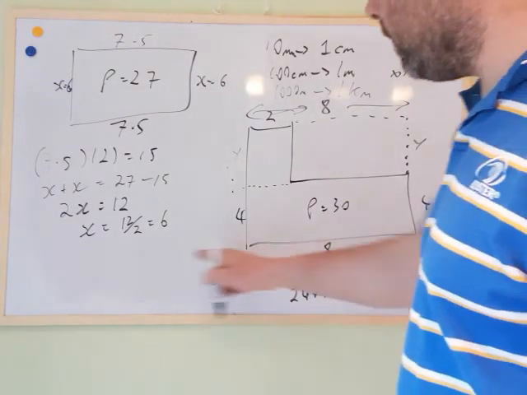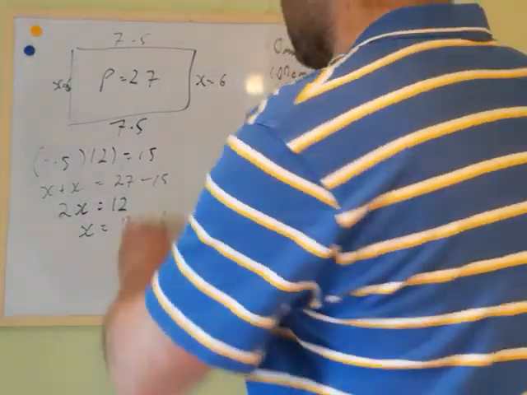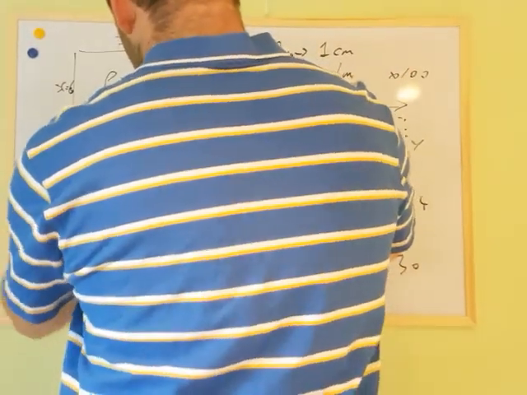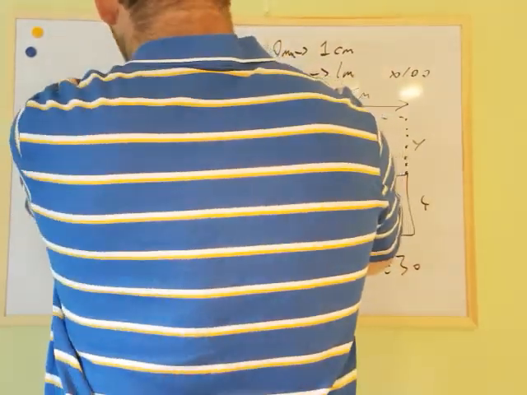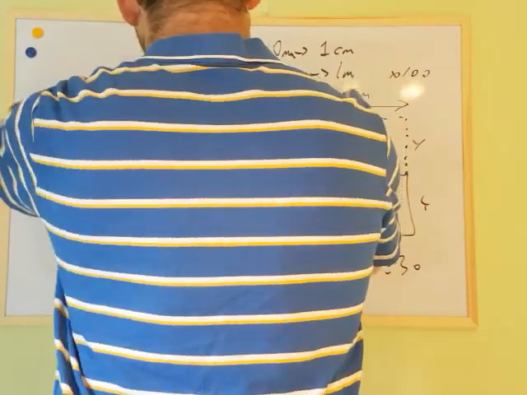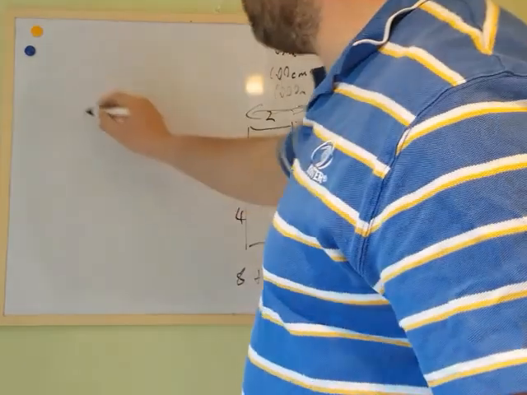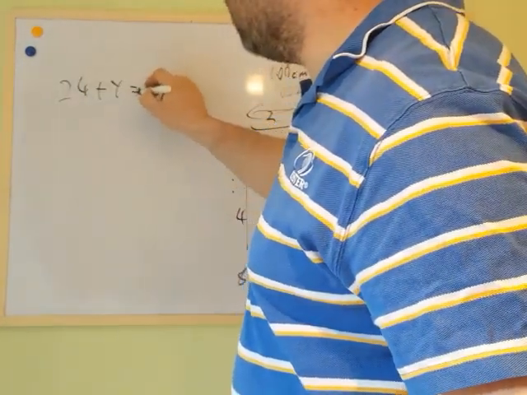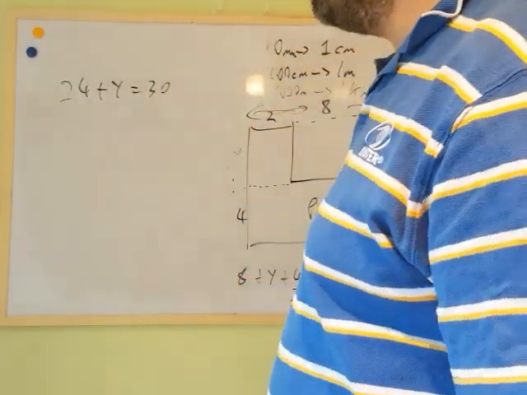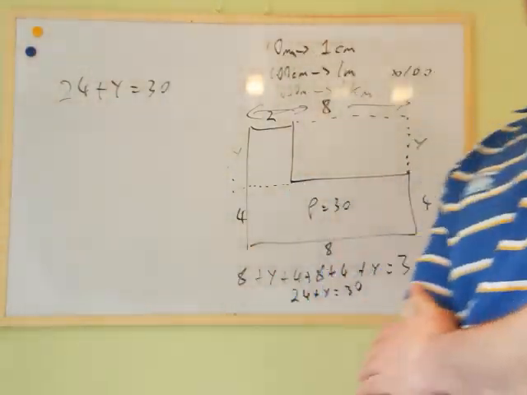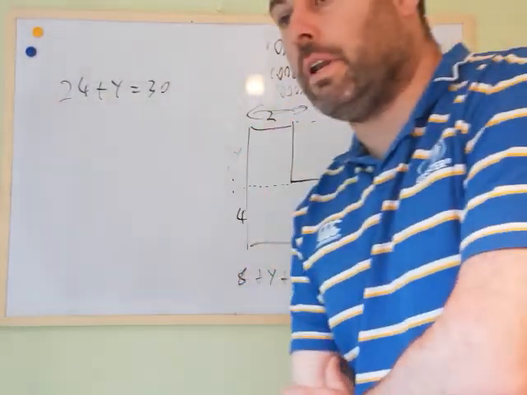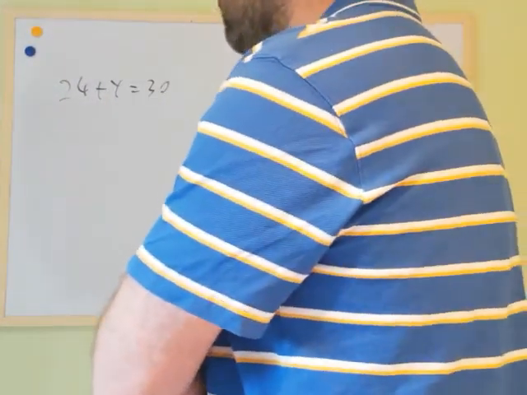Okay, so I'm moving over here, guys, because I'm running out of space. This is a very small whiteboard. So 24 plus y is equal to 30. I have a number, I don't know what it is. If I add 24 to it, I get my number.